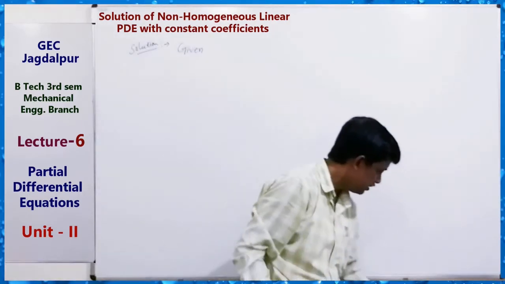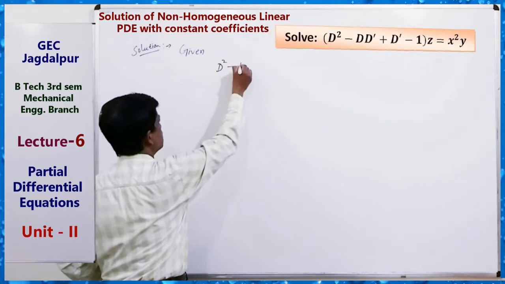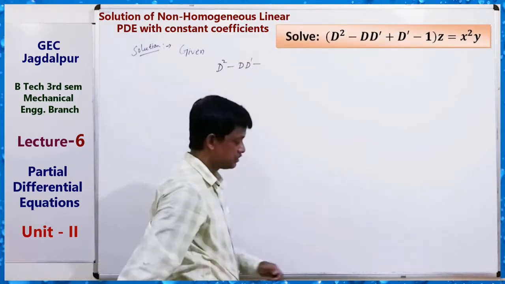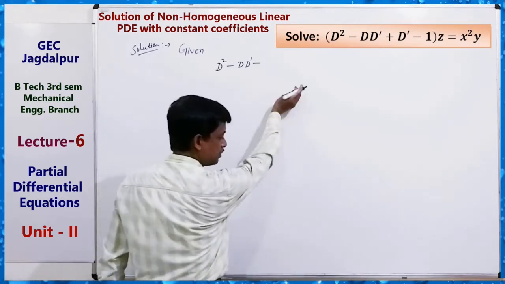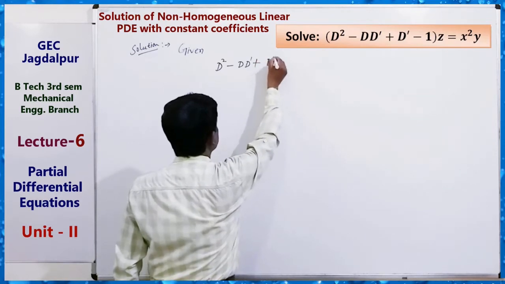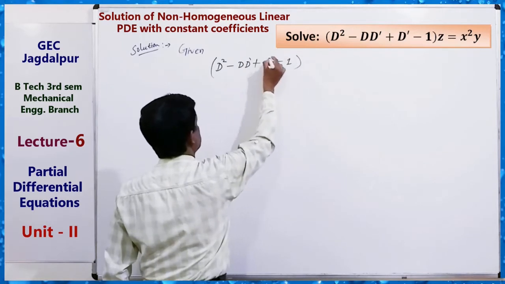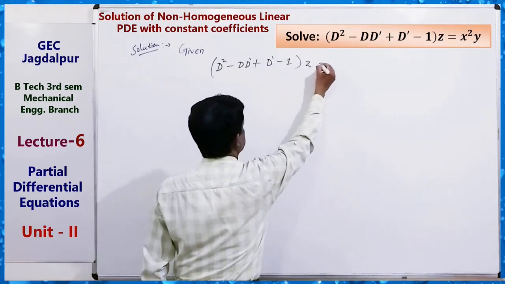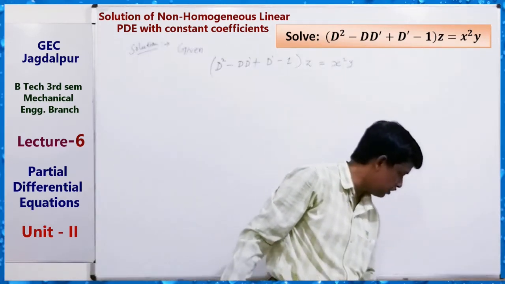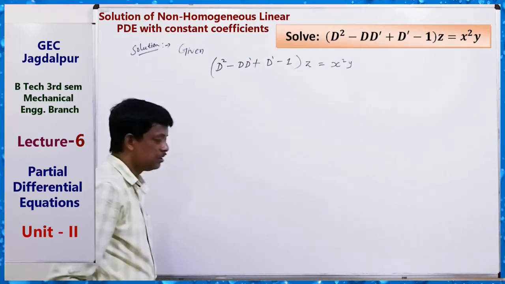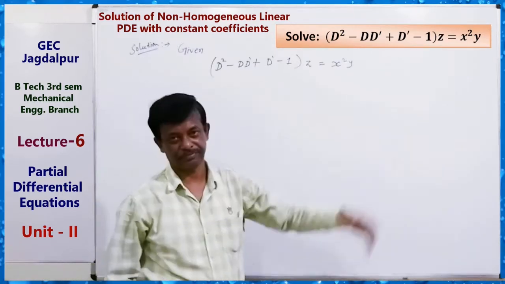Given: (D square minus DD dash plus D dash minus 1) z equals to x square y. D square minus DD dash plus D dash minus 1 z equals to x square plus y. So this is another question.